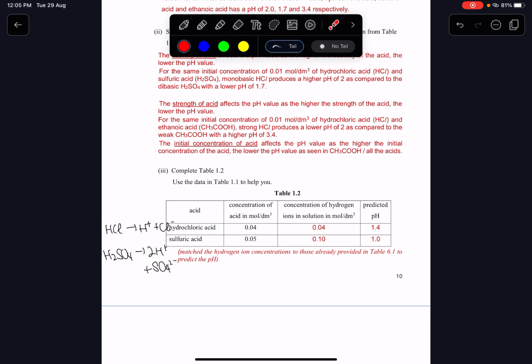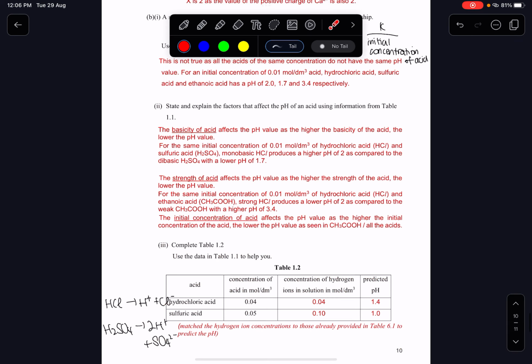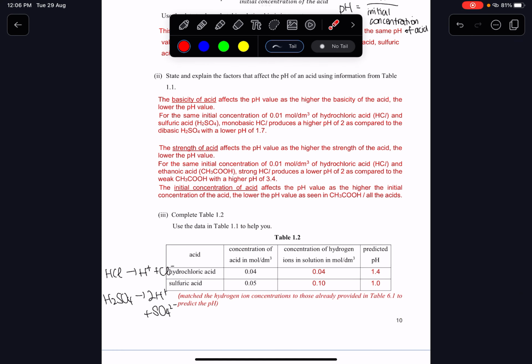Then you read from the table 0.10 here, pH is 1. Take note for pH, there's no need to 3SF it because pH will only go to 1 dp, mostly 1 dp. But for concentration, please remember to stick to 3SF because it's still a number, a calculated number.